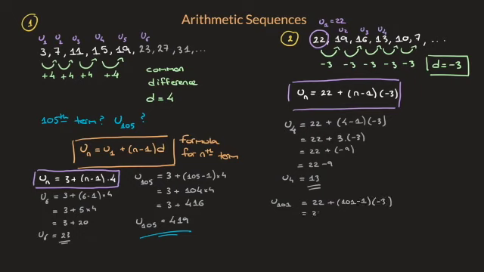That's equal to 22 plus 101 minus 1, which is 100 times negative 3. That's equal to 22 plus 100 times negative 3, which is negative 300. And that becomes 22 minus 300. And finally, the 101st term of the sequence is equal to negative 278. And there we go.